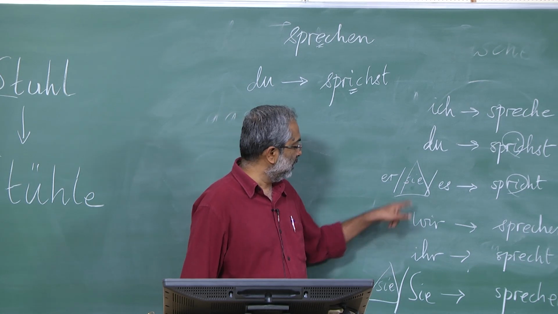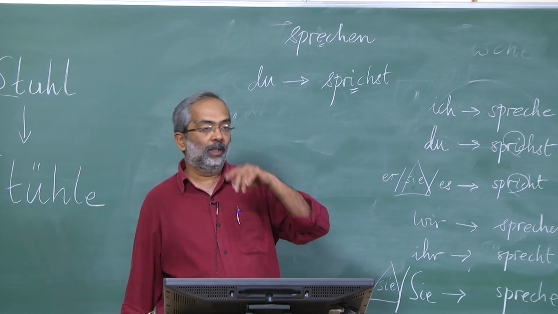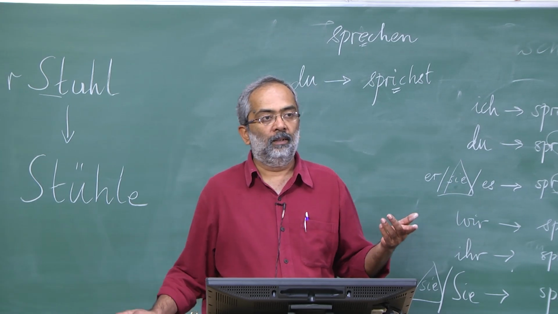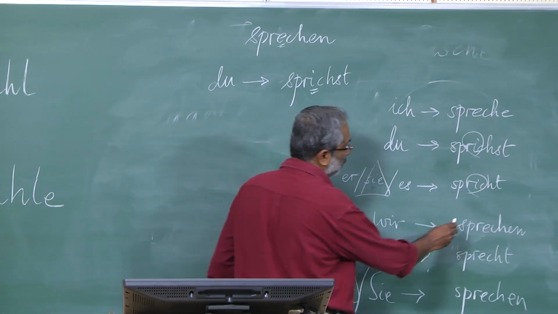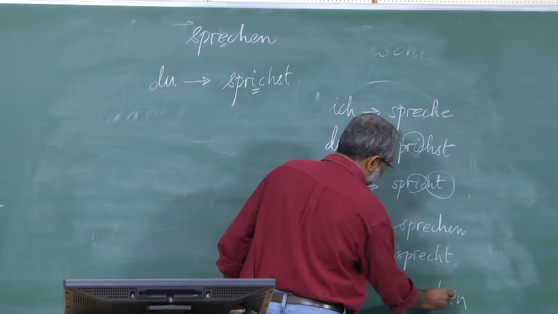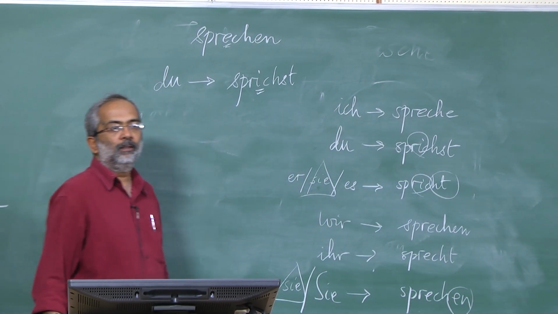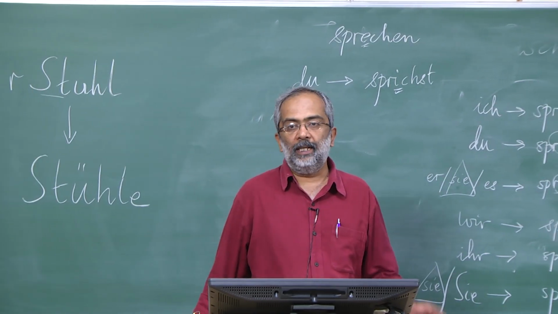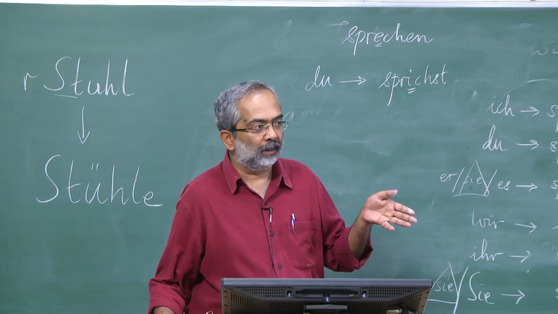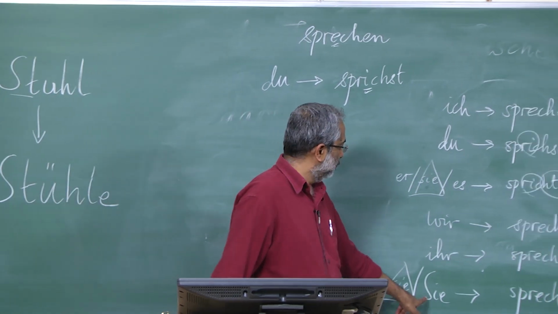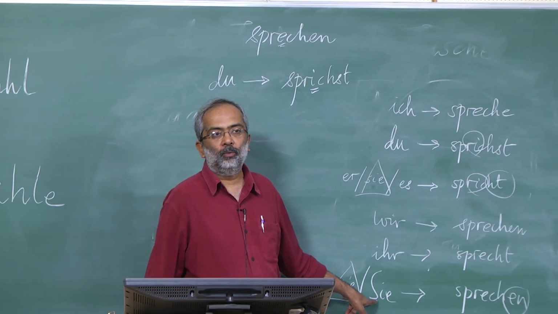Okay. There are three sie's, I agree, but you will clearly notice which one is meant. First of all, the verb will be conjugated differently. If the verb is ending in a T, then obviously it is she. Otherwise, you're stuck with either they or you.